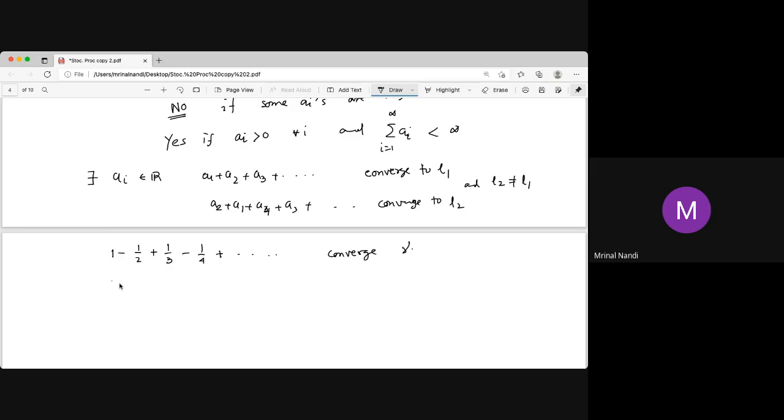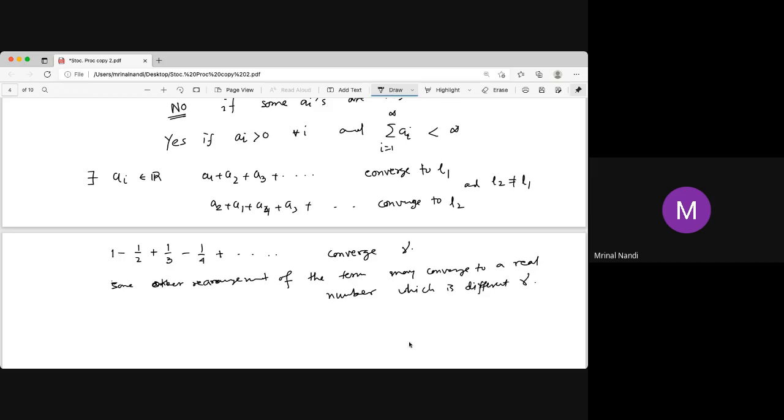And if you rearrange the terms, another rearrangement of the terms may converge to a real number which is different from gamma.